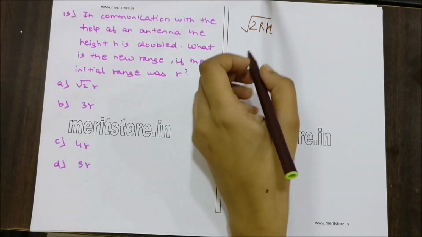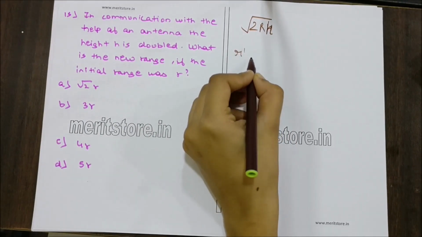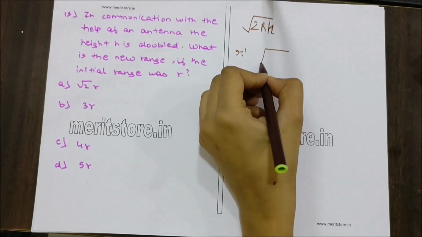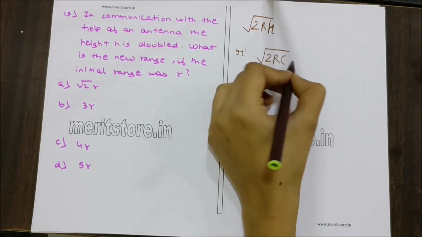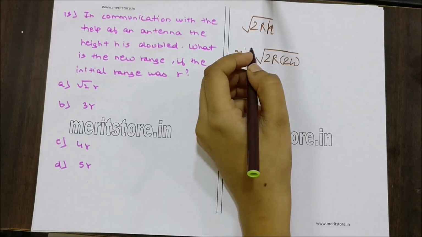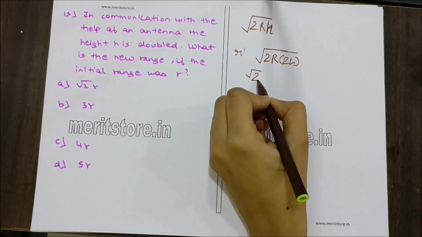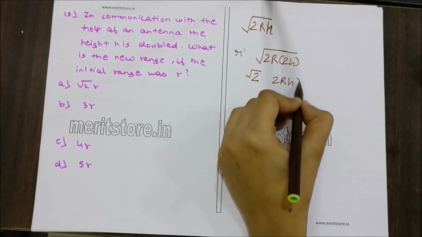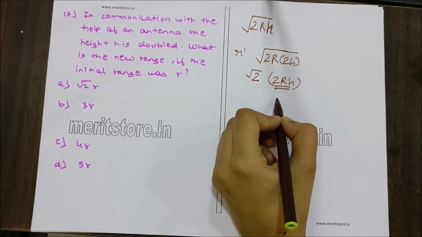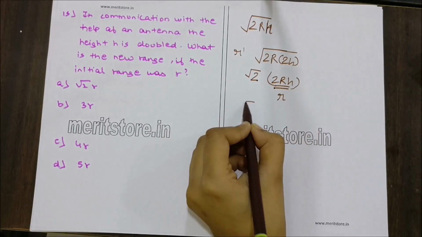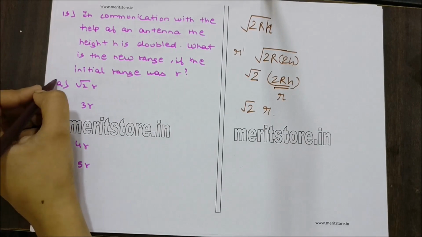The new range, let's say, is r dash. Over here my height is doubled, so it will be root 2r, and h will become twice of h. So this will be root 2 into 2rh. But what is my 2rh? It is basically r. So this will be root 2r. Option A is the correct answer.